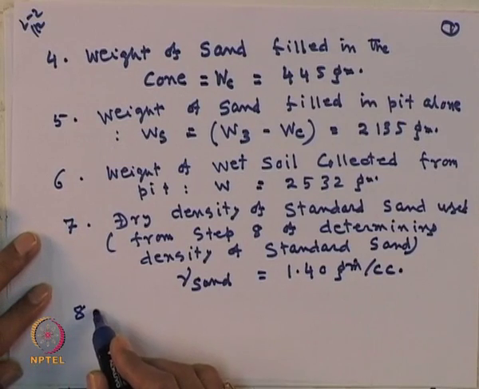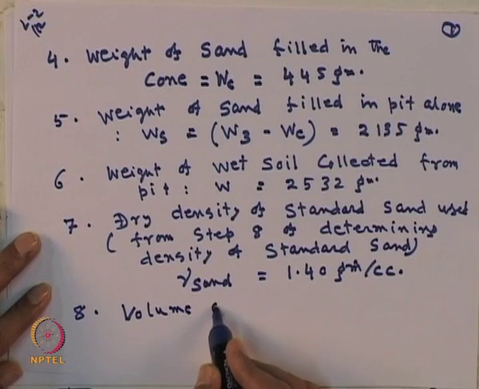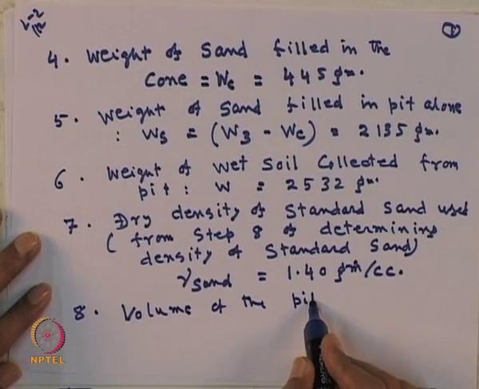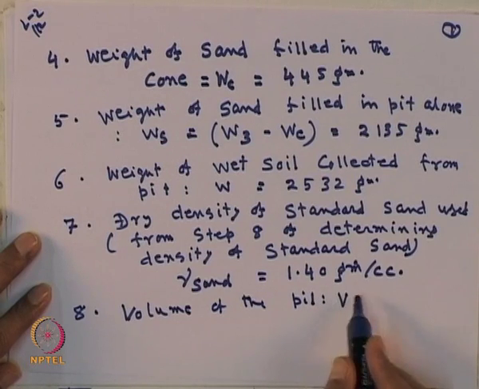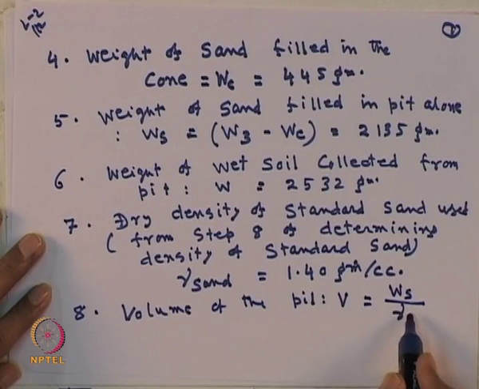Now, you know what should be the volume of the pit, that is V is equal to Ws divided by gamma of sand.